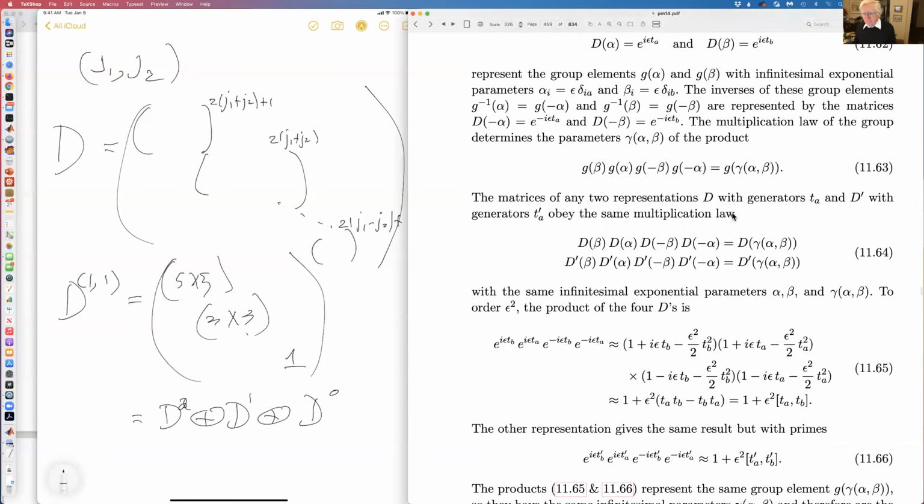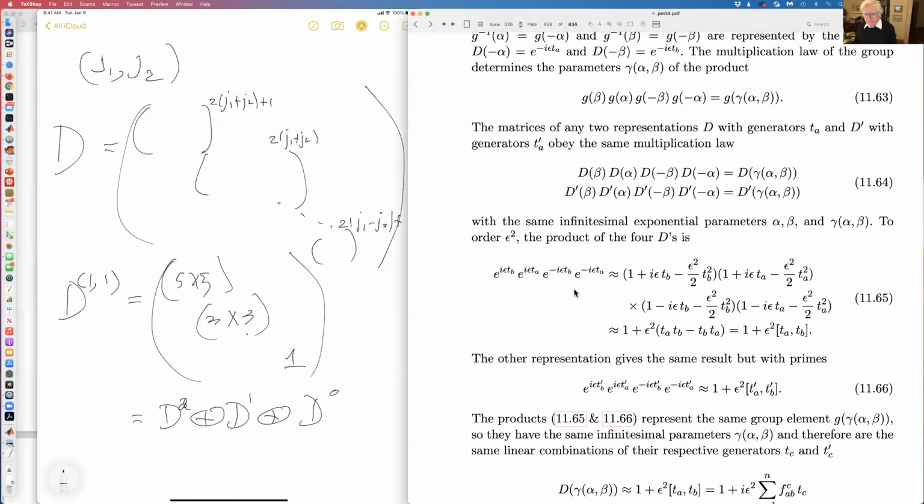And so the matrices of any two representations with generators, D with generators T_A, D prime with generators T_A prime, they have to obey the same multiplication law, the multiplication law of the group. And the point, what's the same, is the coordinates here.